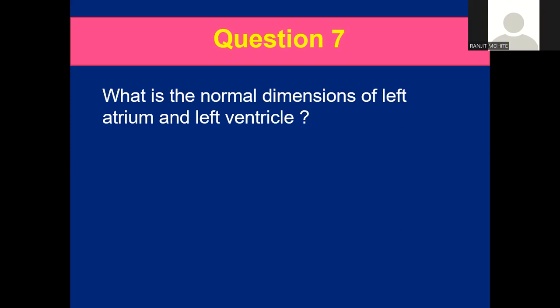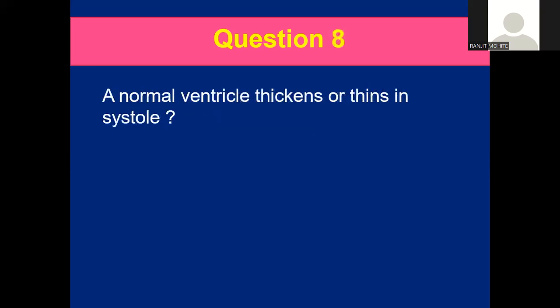What are the normal dimensions of left atrium and left ventricle in parasternal window? Sir, LV diastolic dimensions, I guess, are above 49 mm. Systolic dimensions less than 33. And LA dimensions, sir, I am not able to recollect properly.